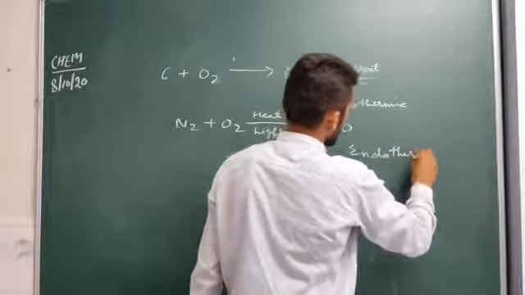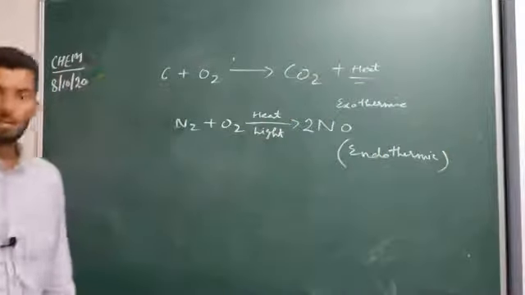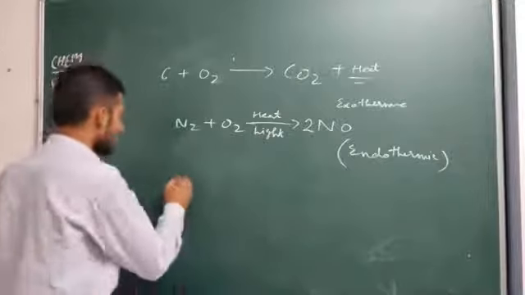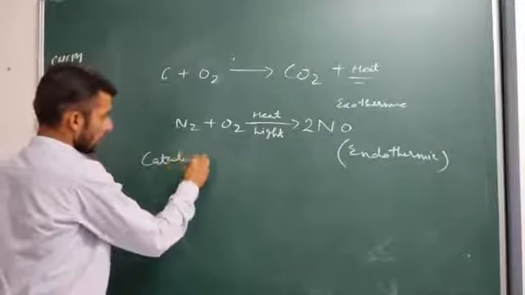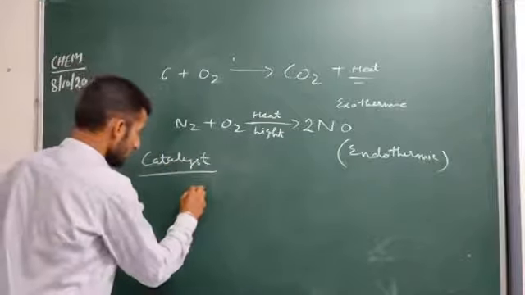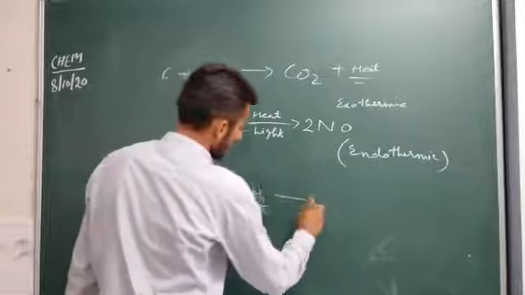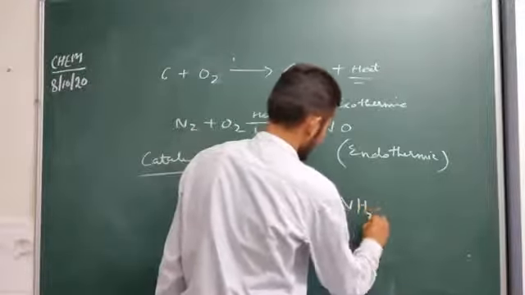Similarly, many more reactions take place only in the presence of some suitable substance, and that substance we call a catalyst. Like in the equation given, nitrogen plus hydrogen combine together to form ammonia.